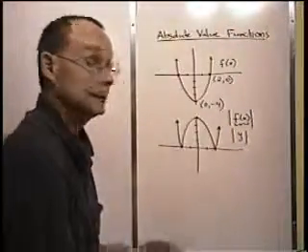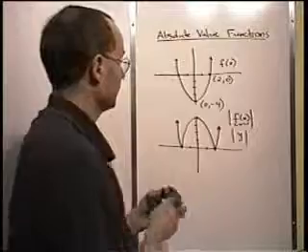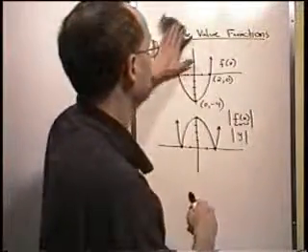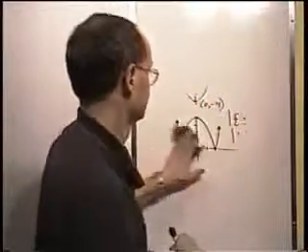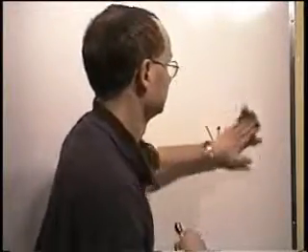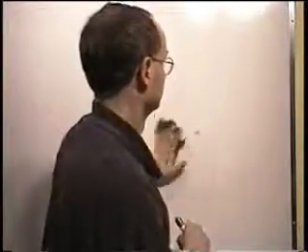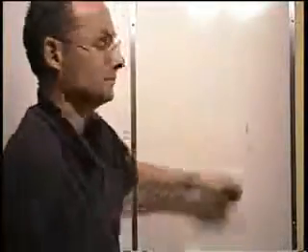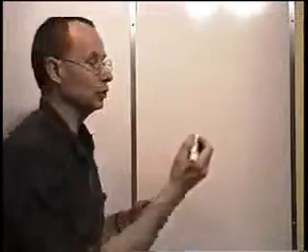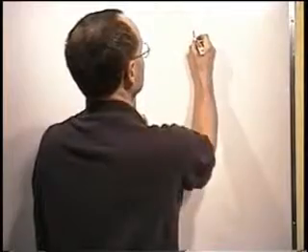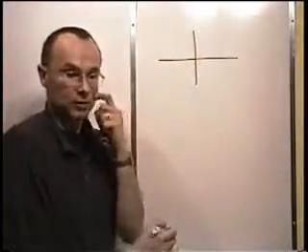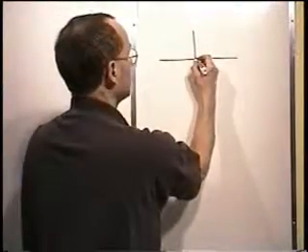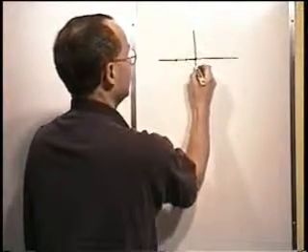Okay. Let's look at another example, and we'll maybe make it a little bit more involved. The graph this time is going to look something like this. Kind of a funny looking graph. I think we'll go 2 to the left and down 2.